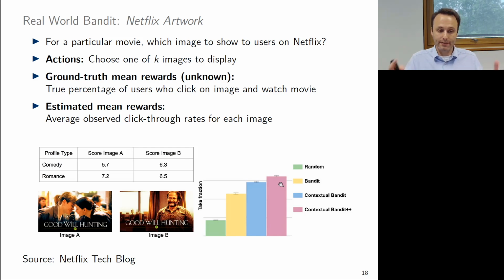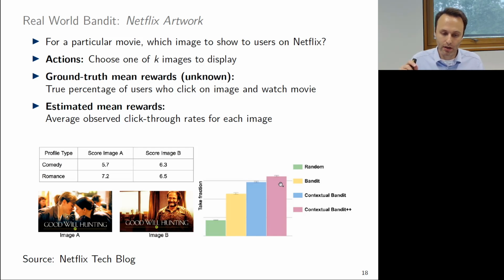But first let's take a look at bandits in practice before we wrap up the session. So Netflix is one example where you have these multi-armed bandits at work. Here the actions are to choose among k images to display for a movie to the users. Now the ground truth rewards are unknown.